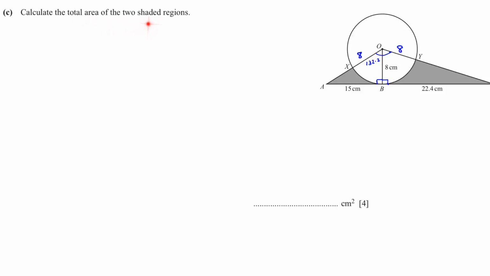Part C, calculate the total area of the two shaded regions. So we need to find these two areas. To do that, we have to find the area of the two triangles. So total shaded area will equal to area of triangle AOB plus triangle BOC. And from that, you're going to subtract the area of the sector.